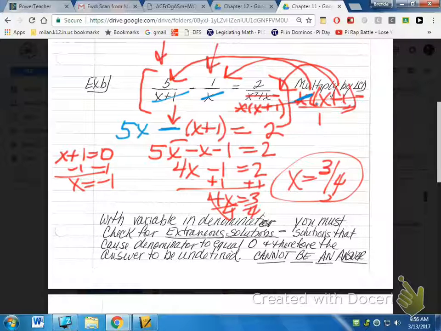Okay, for the second term, what can x not be? 0. And this one would be the same two answers because they repeat. So if I came up with an answer of negative 1 or 0, I could not say that's the answer. But since x is 3/4, we're fine. It is 3/4.